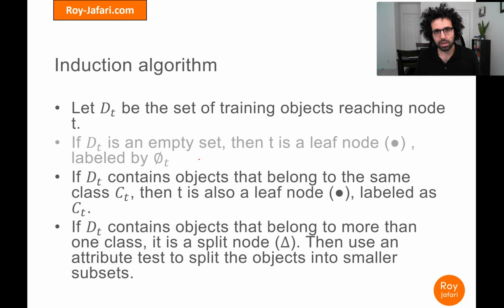Then it splits the data one by one by looking at one of the attributes, and sees whether all of the data objects in this split are of the same class or not. If they're not the same class, it means that we need more splits. So it keeps splitting the data in such a way that at the end, all of the data objects at the branches of the splits become pure, or all of the classes are the same. So that's basically the induction algorithm.